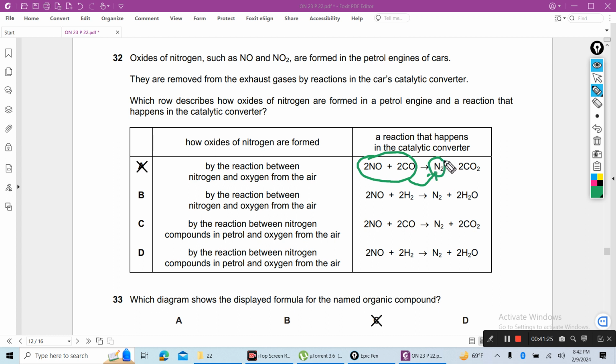Nitrogen is not harmful, and carbon dioxide is less harmful compared to carbon monoxide. So in the catalytic converter, more harmful gases are converted to less harmful gases. I mean, nitrogen oxide reacts with carbon monoxide to form nitrogen and carbon dioxide. This reaction happens in the catalytic converter.